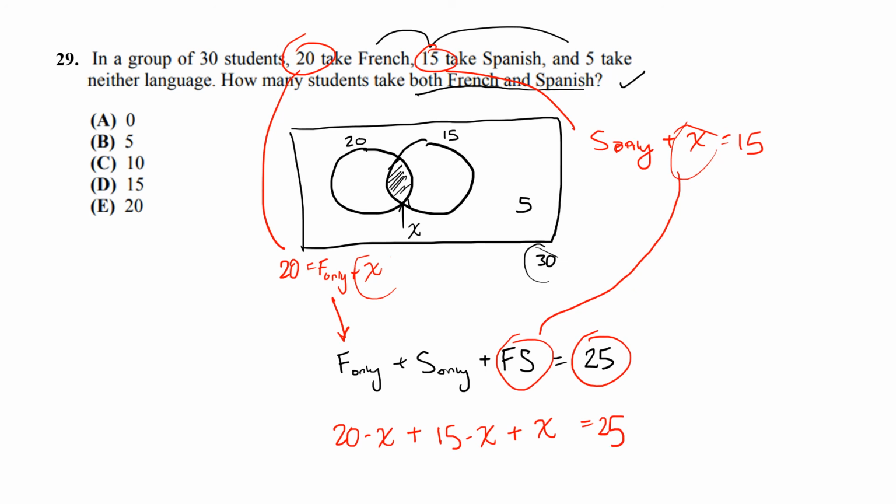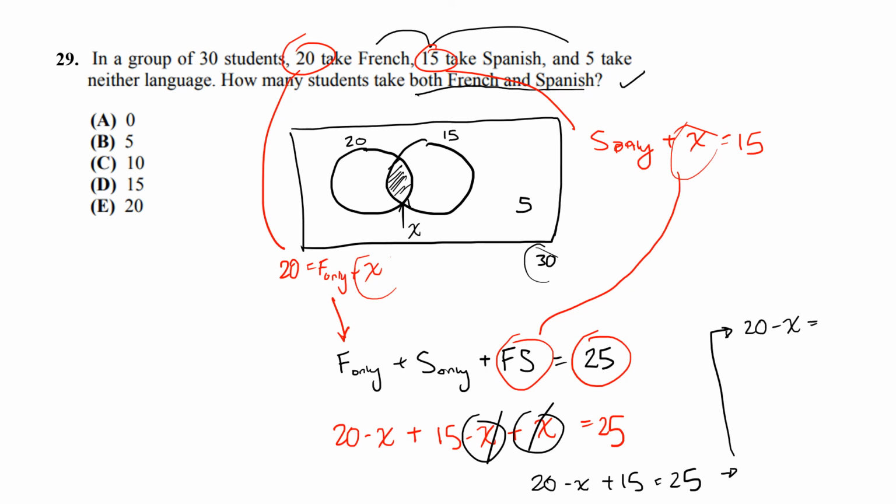Again, x is the intersection. So we can cancel one of the x's, and we're simply left with 20 minus x plus 15 equals 25. Subtracting 15 on both sides, we have 20 minus x equals 10.